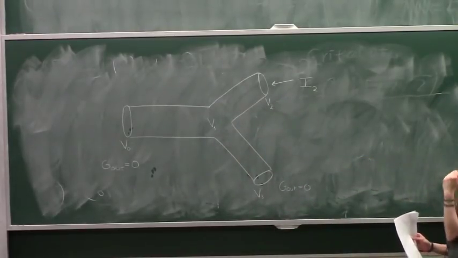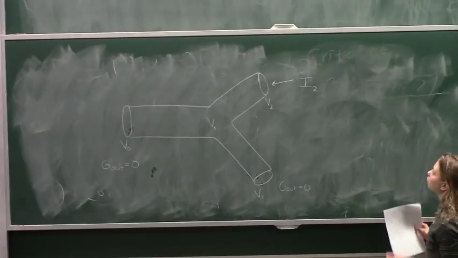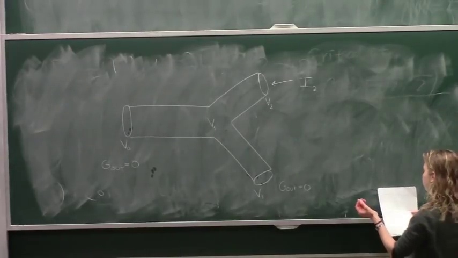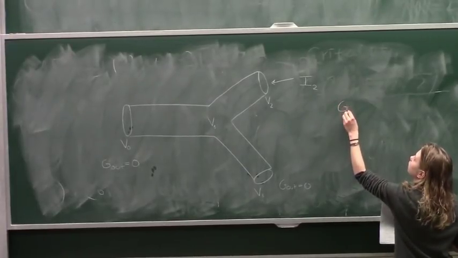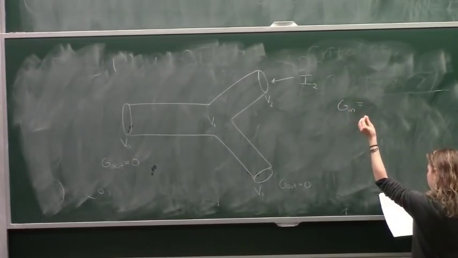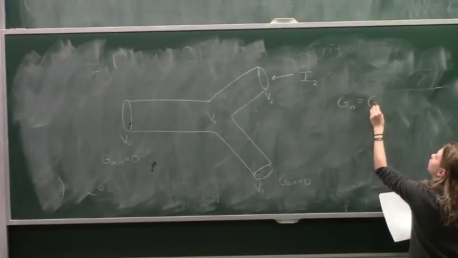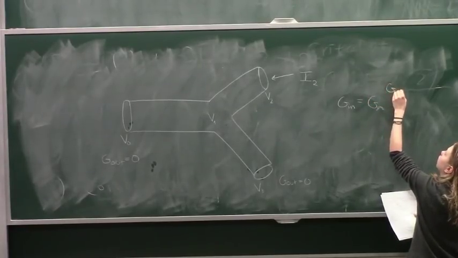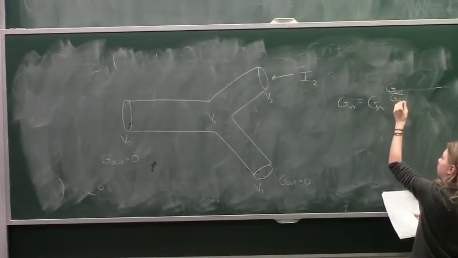So you're basically iterating backwards. The most important equations to know are the G in equations. So G in is equal to G infinity times G out over G infinity.